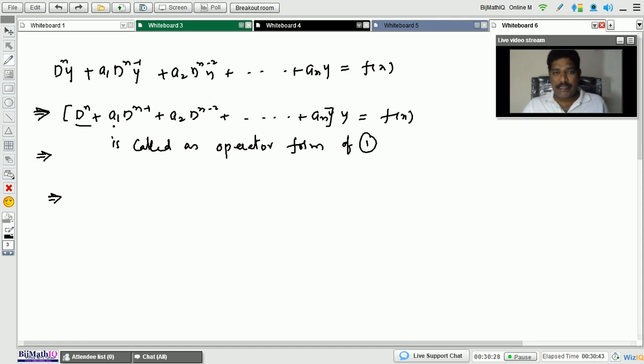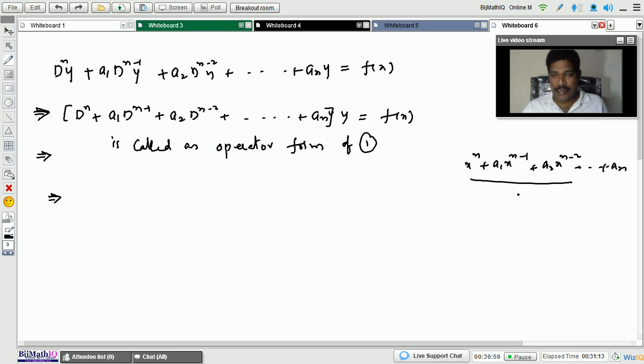Next, D power n plus a1 into D power of n minus 1 plus a2 into D power of n minus 2 plus a3 into D power of n minus 3 plus so on up to an is an algebraic expression in capital D, like x power n plus a1 into x power of n minus 1 plus a2 into x power of n minus 2 plus so on, like this up to an.